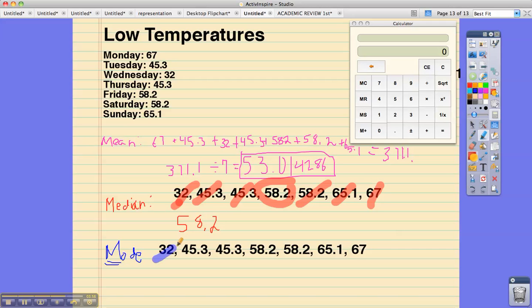So this one only shows up once, so that's not the mode. This one shows up 2 times, that might be it. This one also shows up 2 times. This one only shows up once, and this one only shows up once. So for this one, we have 2 modes, because they both showed up 2 times. If one of these had shown up 3 times, then that one would just be the mode, not both of them. But on this set of values, we have 2 modes, 45.3 and 58.2.